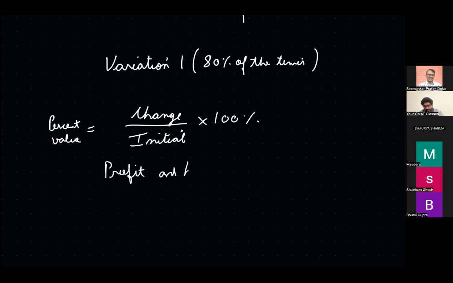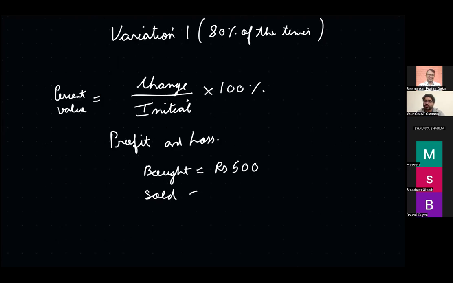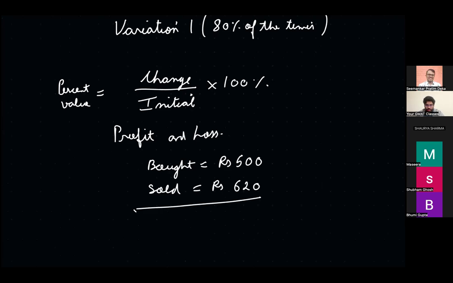Let's say I bought something for 500 and I sold it for 620. I bought something for 500 and I sold it for 620. Okay, that's interesting.